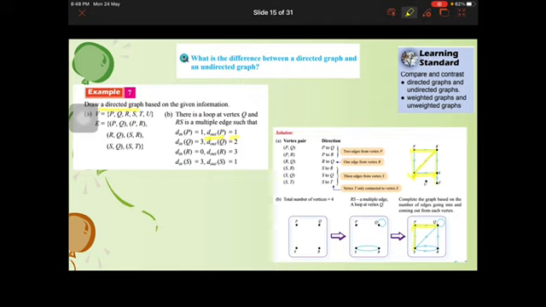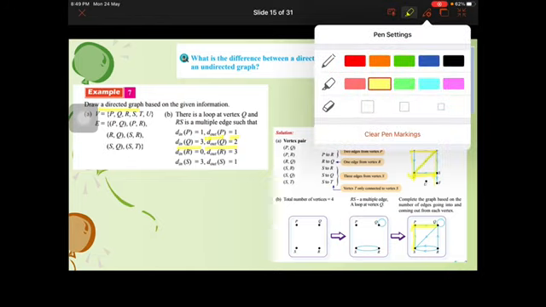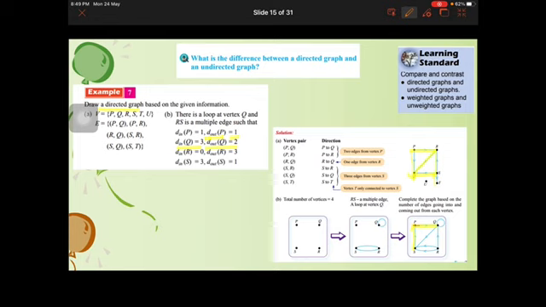D in Q is 3 and d out Q is 2. That means d in Q, we have 3 edges coming into Q. If you look at PQ here, this is in Q 1, in Q 2.